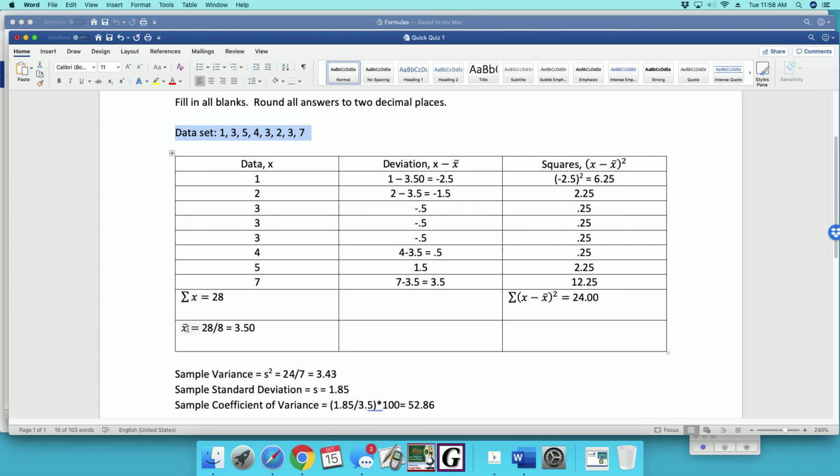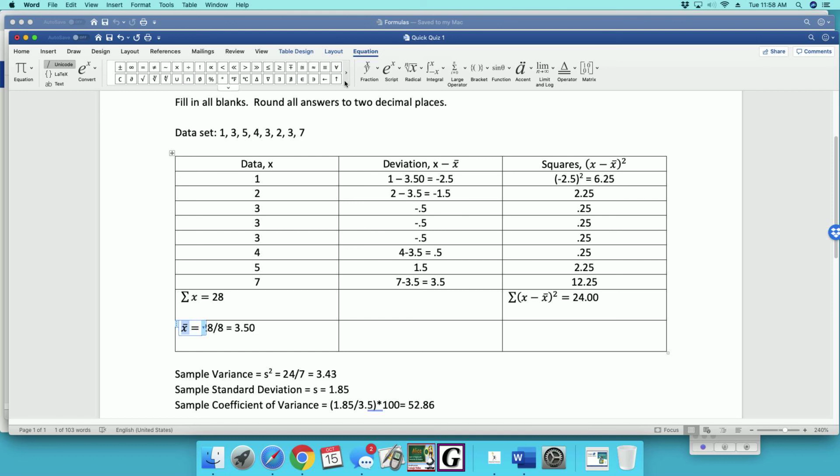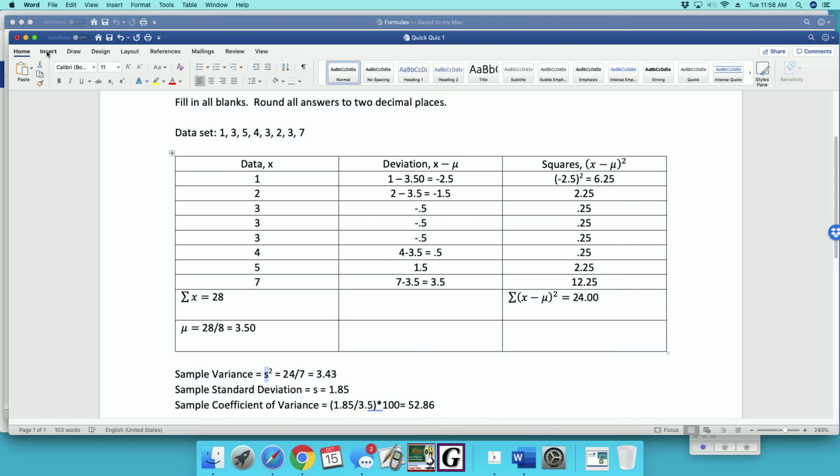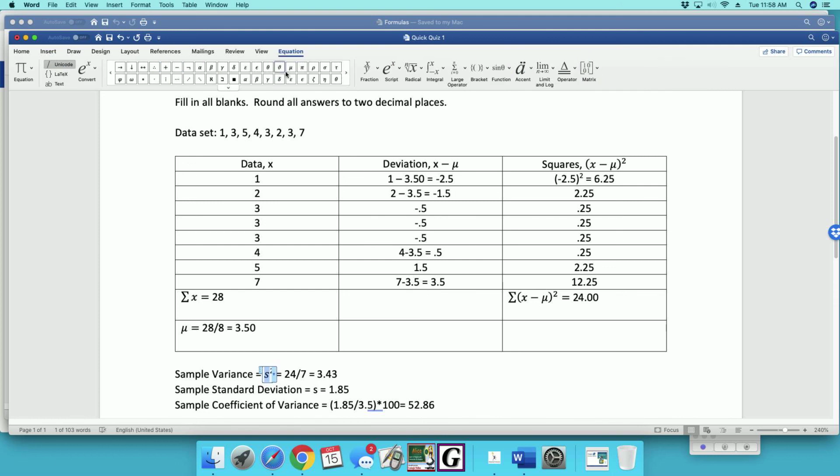If this was population, this guy here would be mu, this one would be mu, and once again this would be mu. And this would be sigma.